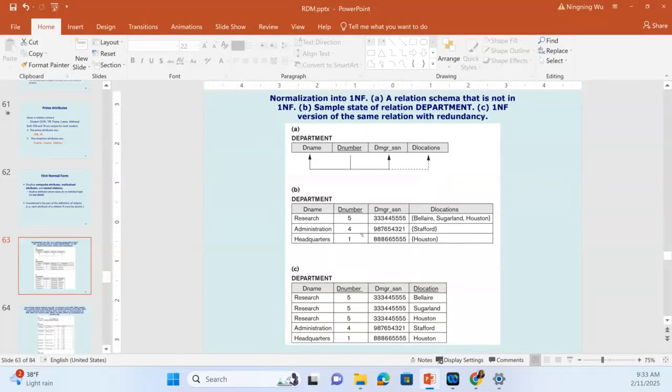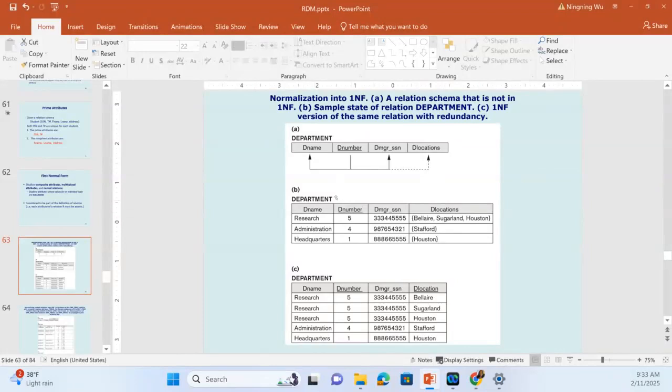The first normal form requires that every single attribute can take only one non-divisible value for each record in the table. The D name, D number, and MGR assistant attributes can be considered atomic, but the D location is not. It is actually multi-valued.